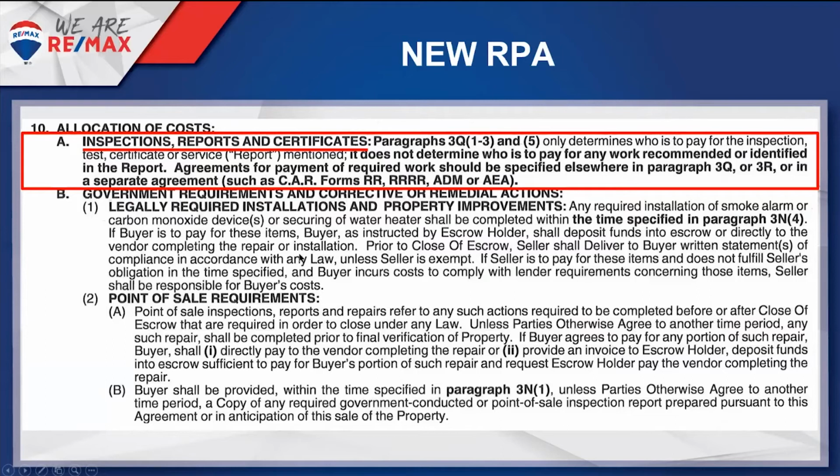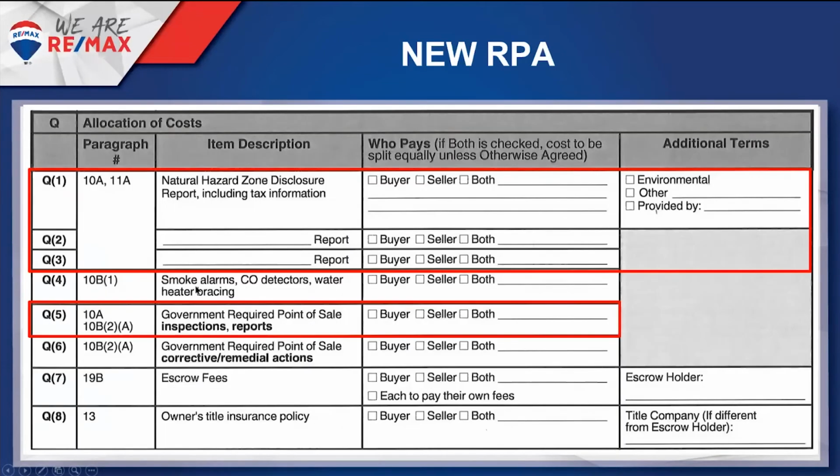Allocation of costs. Reports and certificates in paragraph 3Q. So that would be the natural hazard report, any other reports, and any government reports. Q1 might be a termite report, Q2, Q3 might be a septic system report.